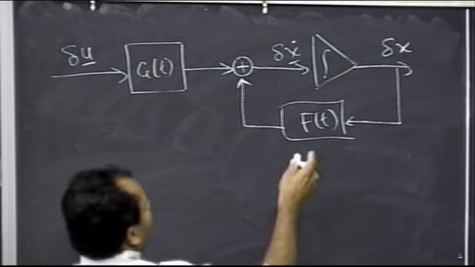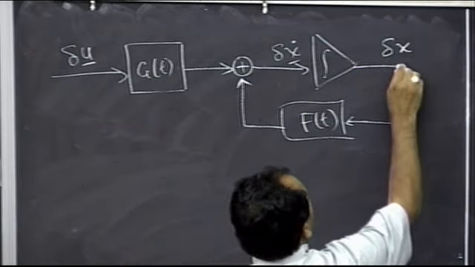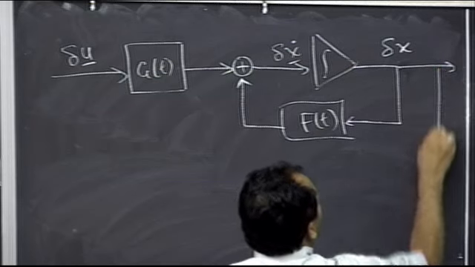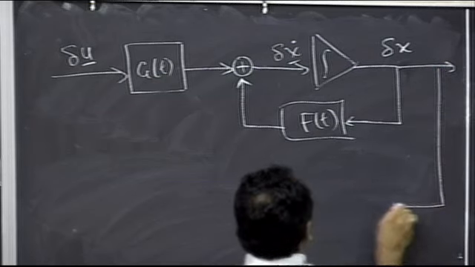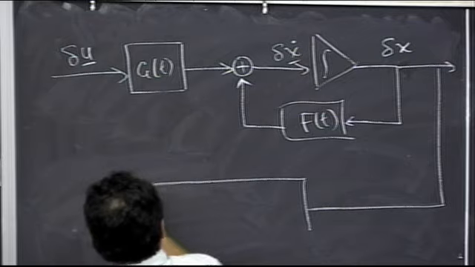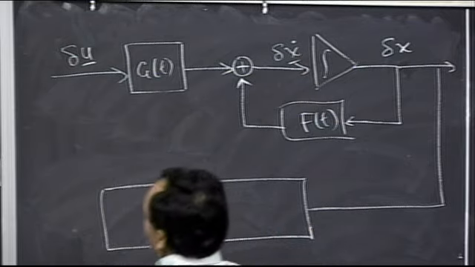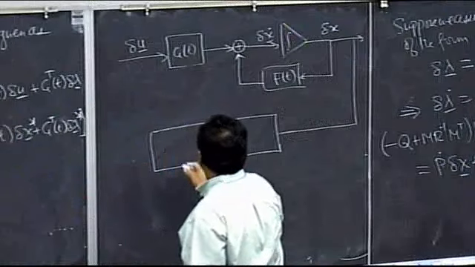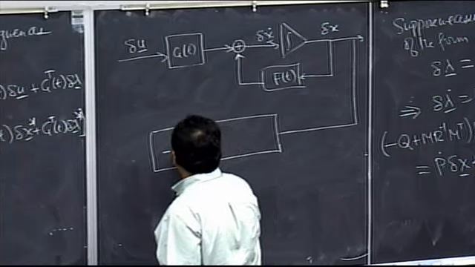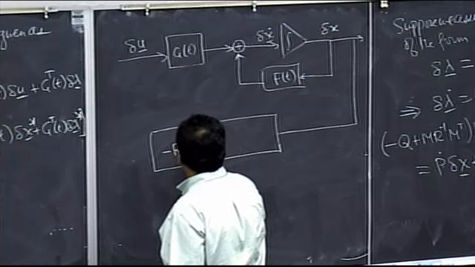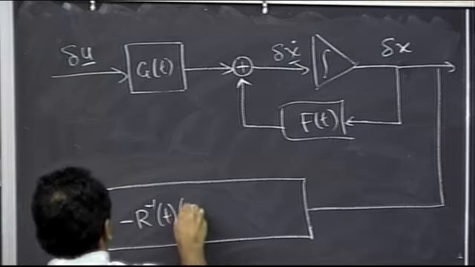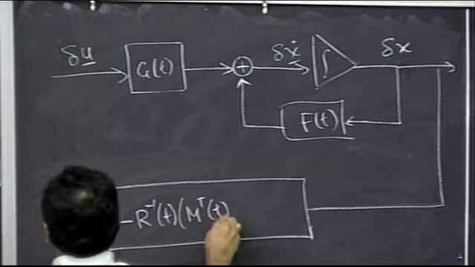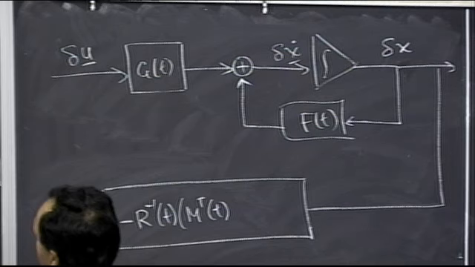So now, in addition to this, I need to use this information to generate my feedback law. So my feedback law comes in here, and I've got this big box, which includes this entire matrix here, which is minus R inverse of t times M transpose of t plus, what do I do with it?